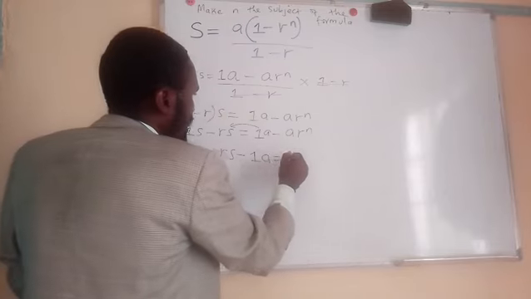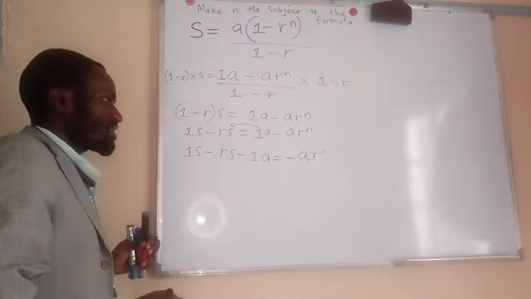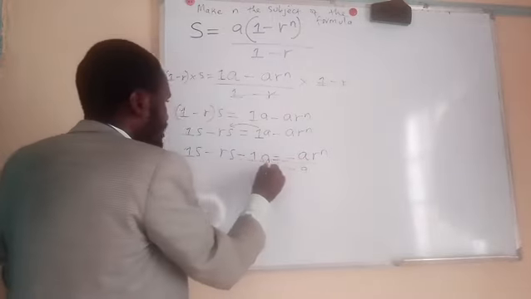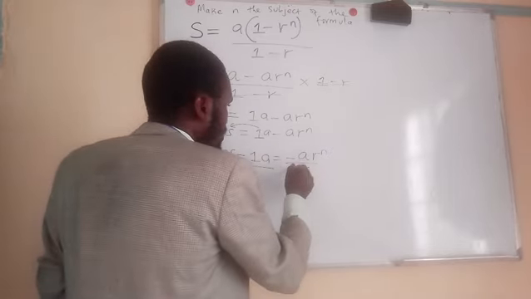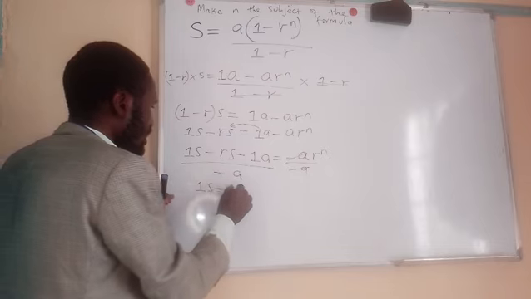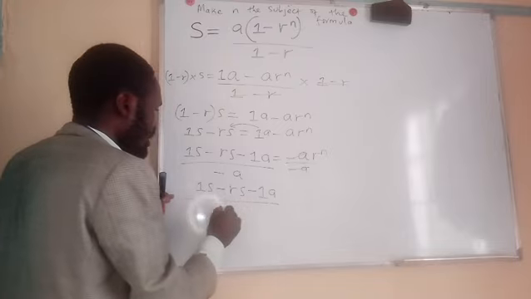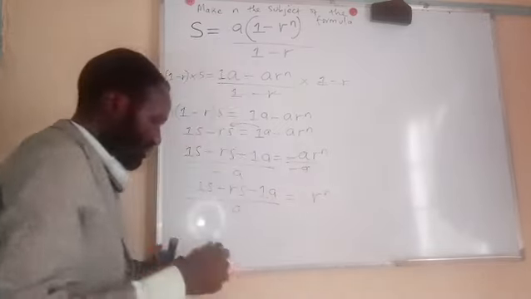That must be equal to negative AR raised to N. Next, we shall divide all through by negative A. So we shall be left with 1S minus RS minus 1A over negative A. The answer must be equal to R raised to N.